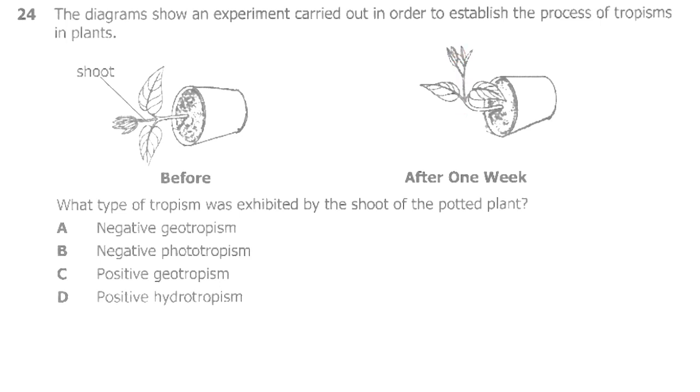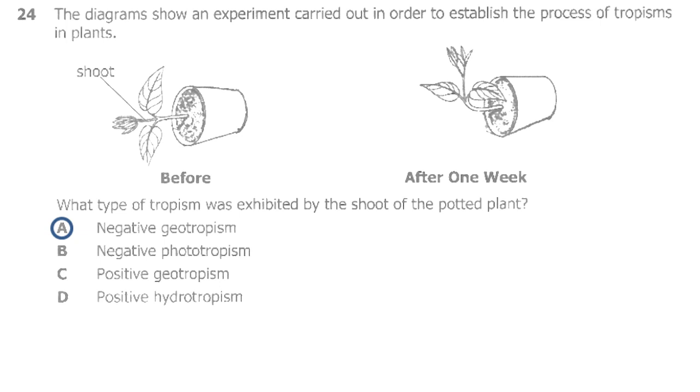There is no water, so hydrotropism is not involved. So here we are remaining with geotropism. This will be a negative geotropism because it is growing away from gravity. Gravity always acts downwards, and the plant is growing upward, so it's growing away from gravity. So our answer for 24 will be A, negative geotropism.